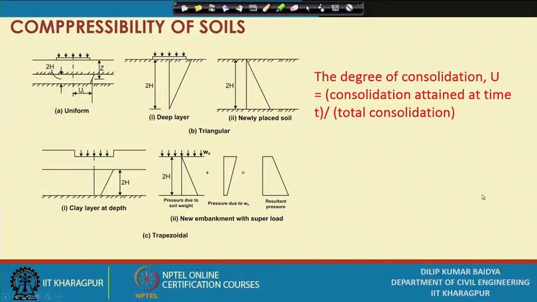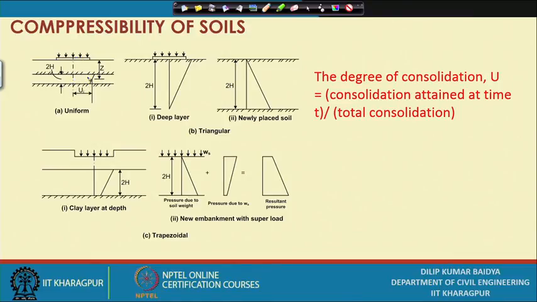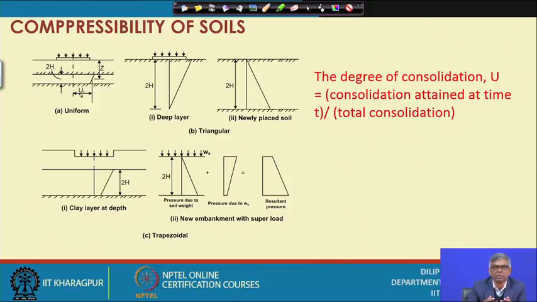Now, when you apply the load on the surface, generally the pore pressure development will not be uniform, and it will be different at different places. When there is a thin layer at a great depth and load is applied here, by Boussinesq's theory and others, the pressure intensity reduces with depth. So, at different points there will be different pressure, and that pressure will be countered by the development of excess pore pressure.